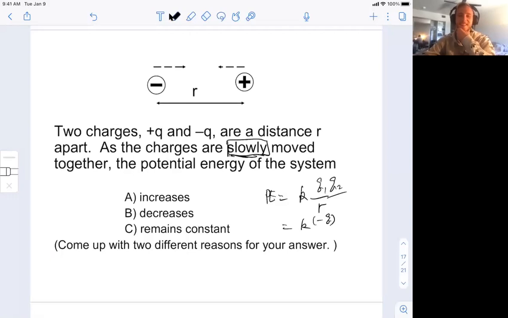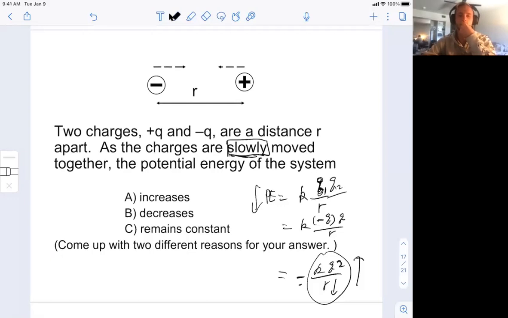It's negative Q, the other is a positive Q. So I do get kQ squared over R, but we should have a negative sign. Yes, as R decreases, this term increases, but you have a negative sign, so overall it should decrease, right? This is just the total amount of charges. If Q1 is negative, you have to put a negative sign.